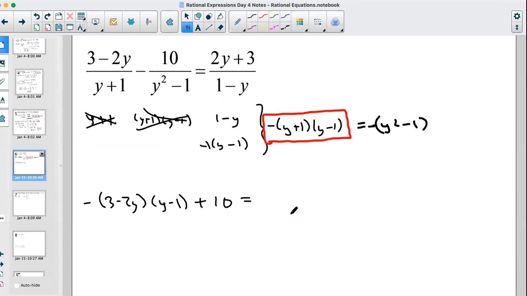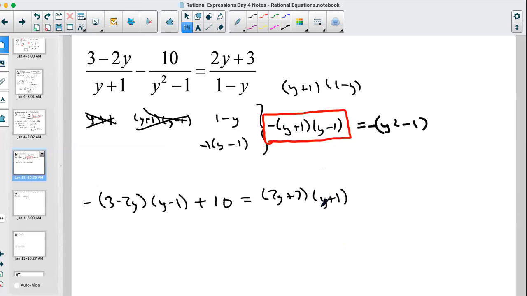And now when I cancel these out, remember this was 1 minus y, so this is y plus 1 times 1 minus y. So I can just cross off the 1 minus y's and I get 2y minus 2y plus 3 times y plus 1.